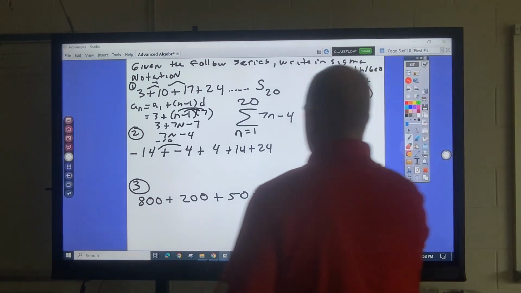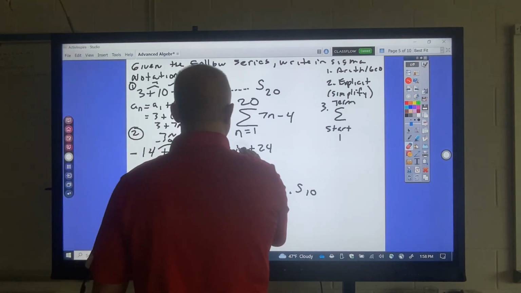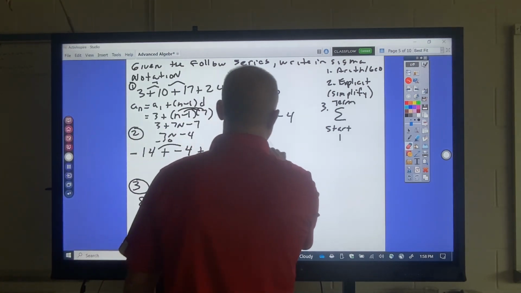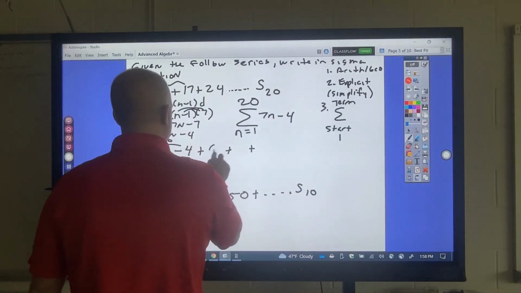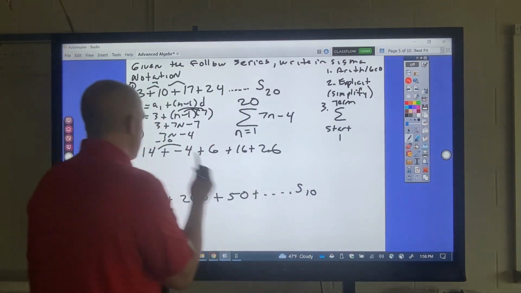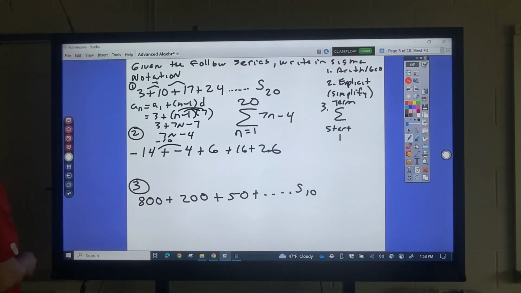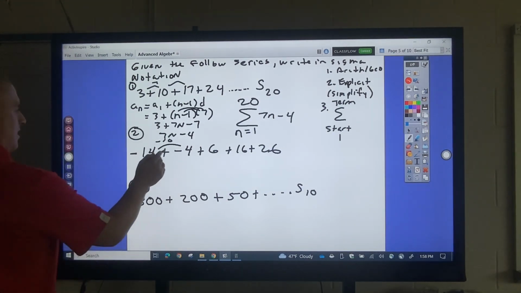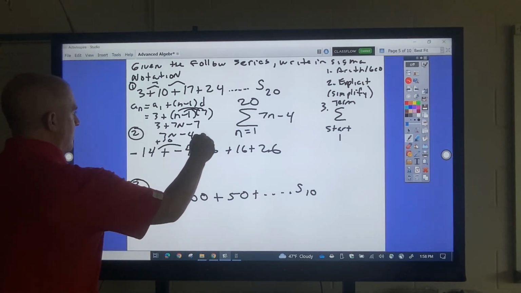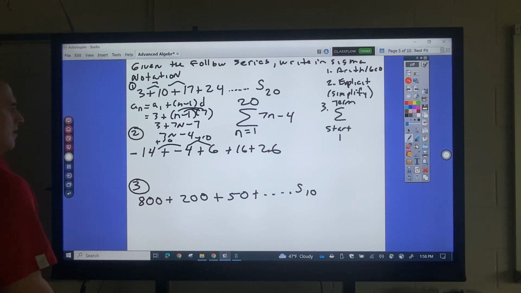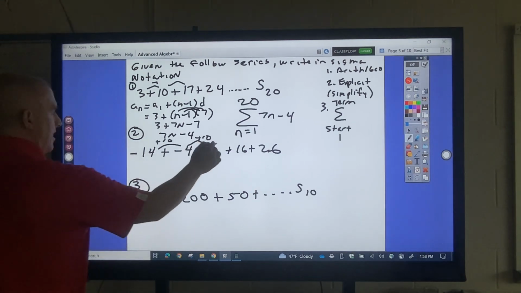That should be 6, sorry. This is not right. 6, 16, 26. So what I'm doing here is I'm adding 6 as I go. This is an arithmetic, so I'm adding 10, etc. All right, adding 10.